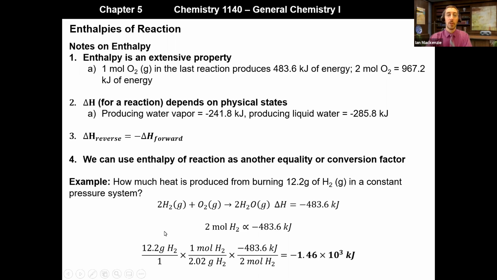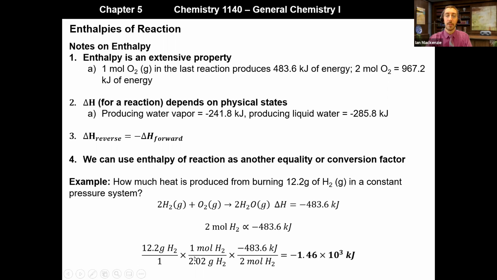So here, 12.2 grams of H2. I convert that to moles by dividing by the molar mass here. So moles on top, 2.02 grams on bottom. And then I have this relationship between moles and enthalpy. So I arrange it so that moles is on the bottom to cancel out. And I've got my enthalpy value on top.